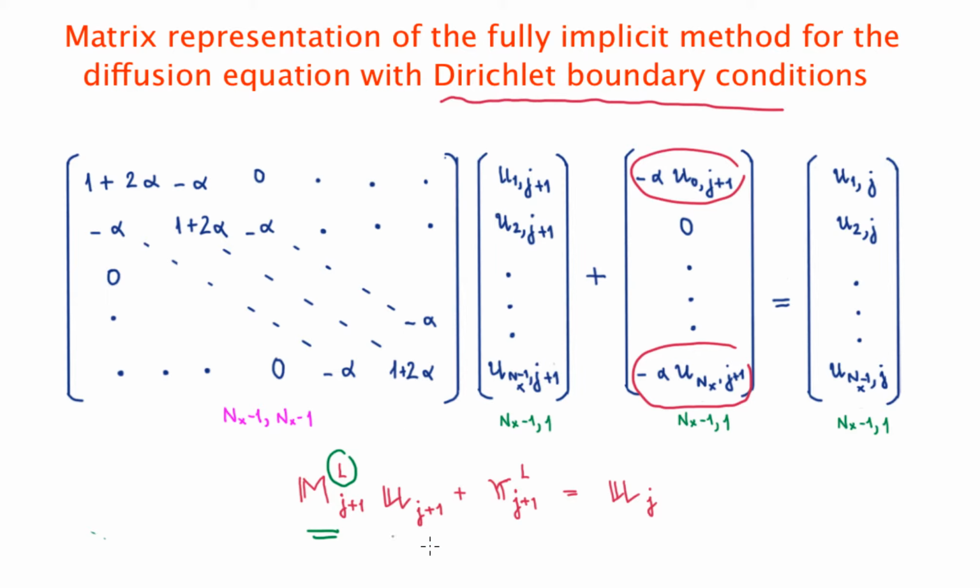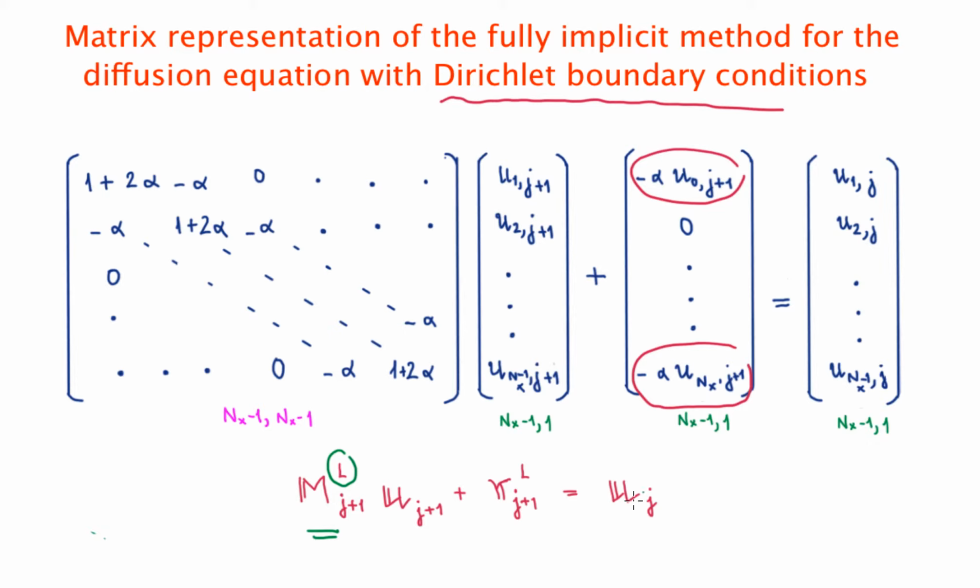It's multiplying this u vector, which will have just nx minus 1 components, the unknown components of the u vector, plus this r, which is a vector. This is the vector which includes, as you can see, the two Dirichlet boundary conditions, so these two are known values, and it is equal to the u vector, which again has nx minus 1 components.